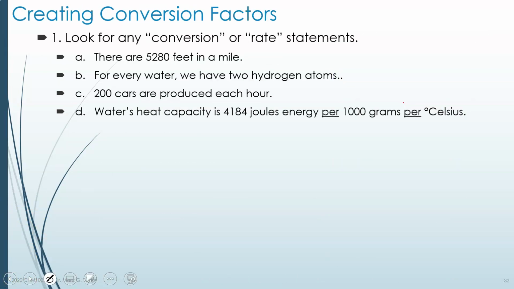So let's look at some examples of creating conversion factors. Now, conversion factors can be either these exact equivalences of quantity, length to length, time to time, volume to volume, mass to mass, or they can be equivalencies based on rates. For example, if I said 60 miles per hour, we know 60 miles is the amount you've driven in 1 hour.